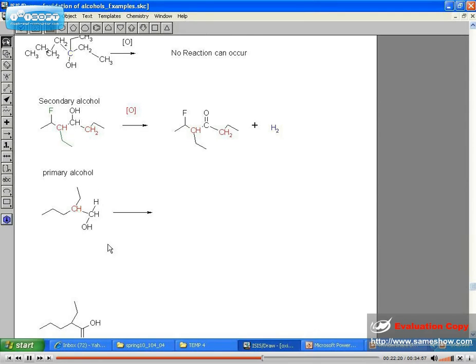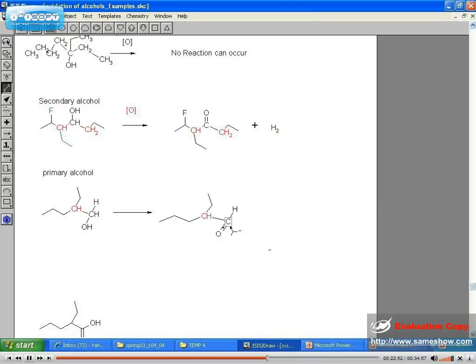Now, this one's a little bit more tricky. So again, you're going to remove one hydrogen from the alcohol, one hydrogen from the carbon. When I do that, it's going to form a brand new double bonded carbon oxygen known as a carbonyl group. However, because it's on the end, so let me go ahead and do that.